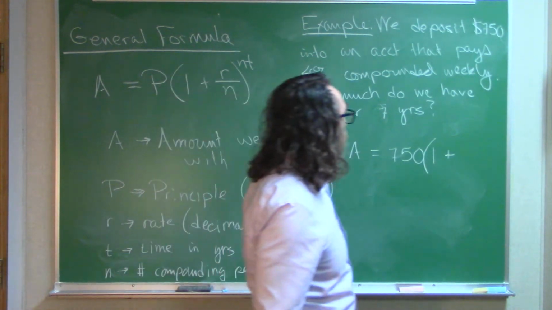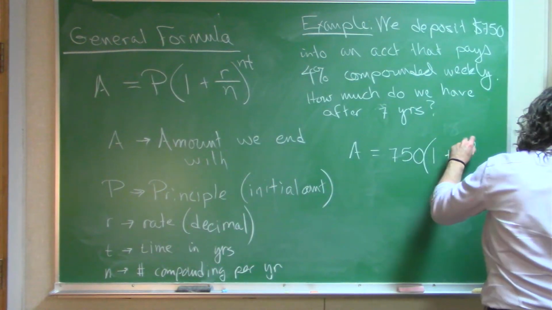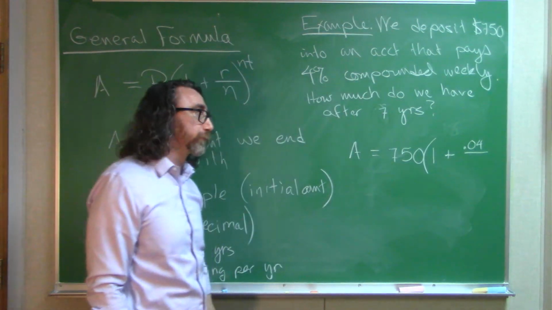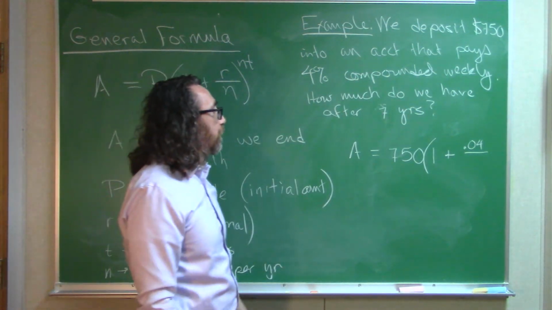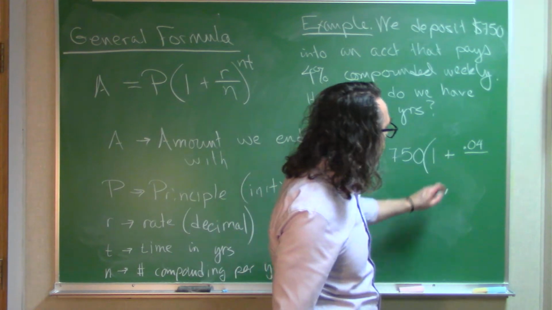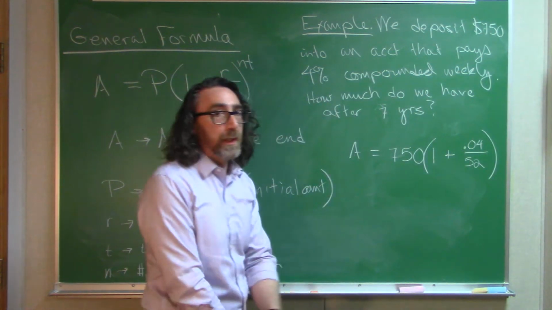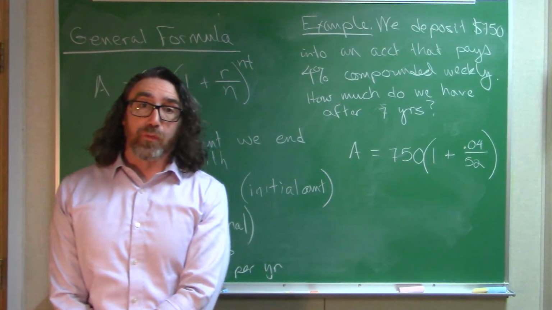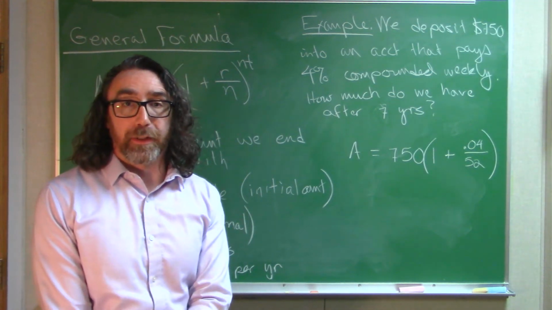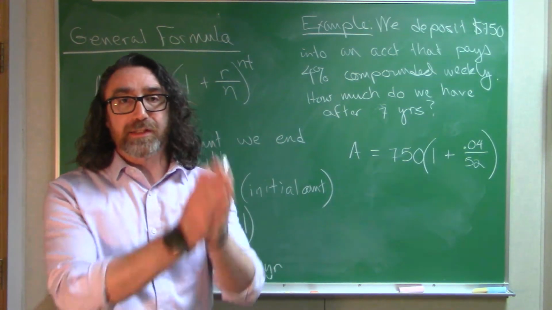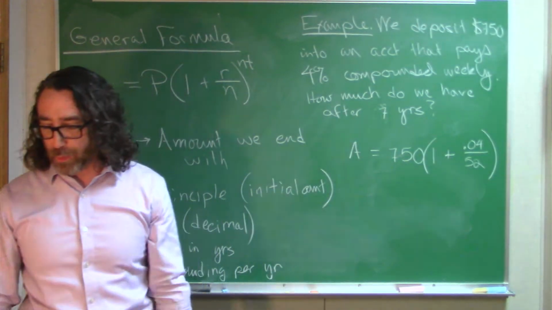Okay, so 0.04, remember that gets converted to a decimal. All right, 0.04 over 52. Okay, so 52 is the number of weeks in 1 year, right? So you have 365 days in a year, 52 weeks in a year, 12 months, 4 quarters.